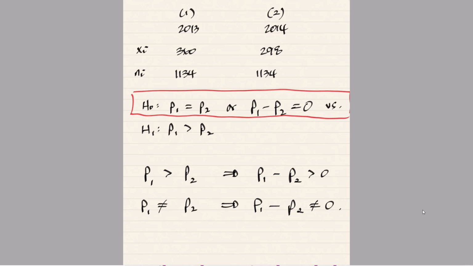Here's my null hypothesis right here. And so again, even though we stated it as p sub 1 equals p sub 2, we could also state it as p sub 1 minus p sub 2 is equal to 0. And so the fact that 0 is not captured by the interval suggests that we are 95% confident that this value, p sub 1 equals p sub 2, is not plausible.